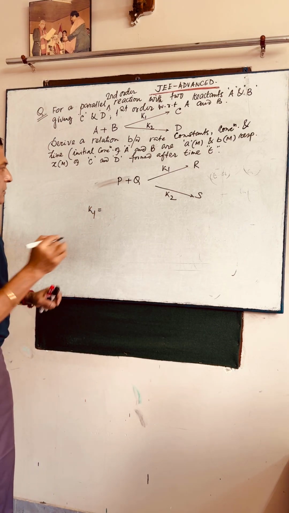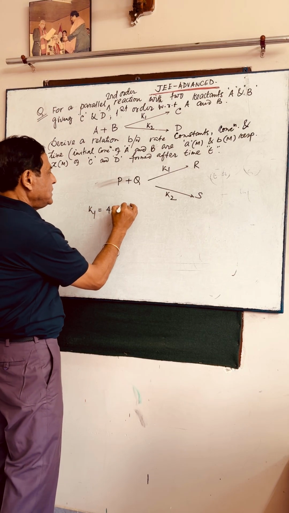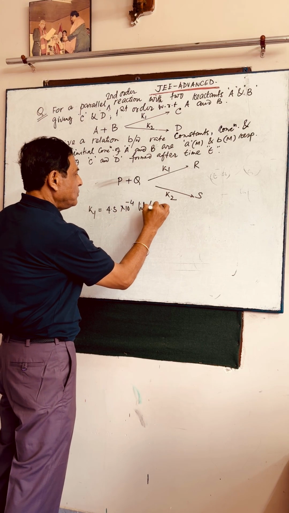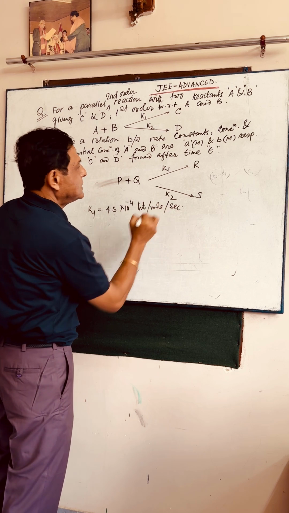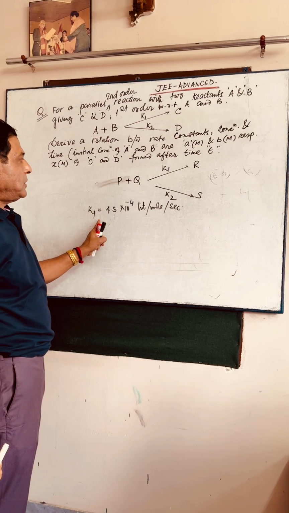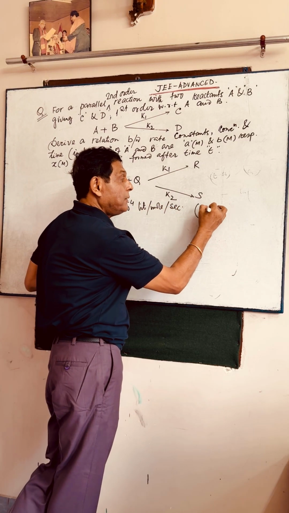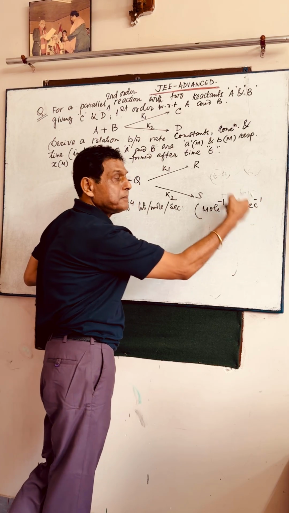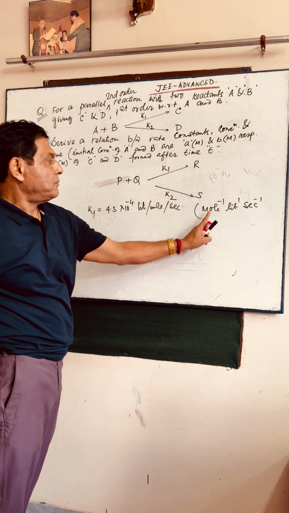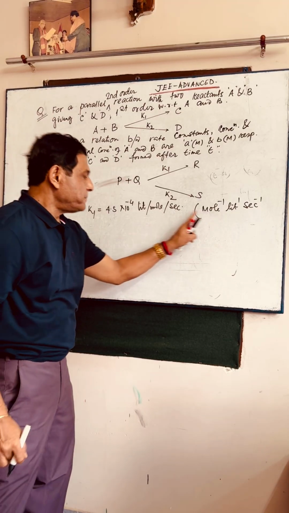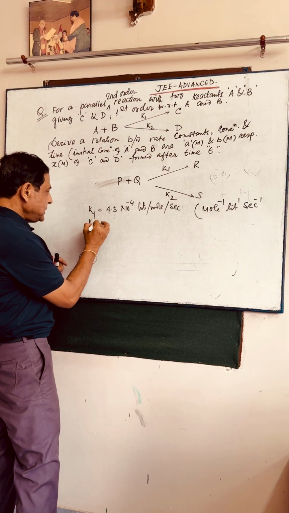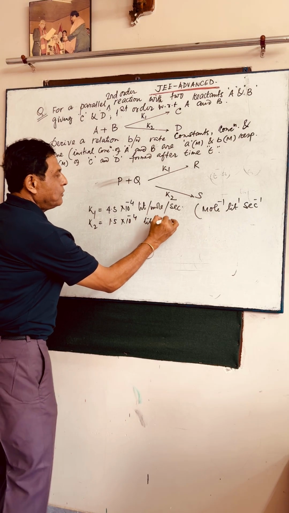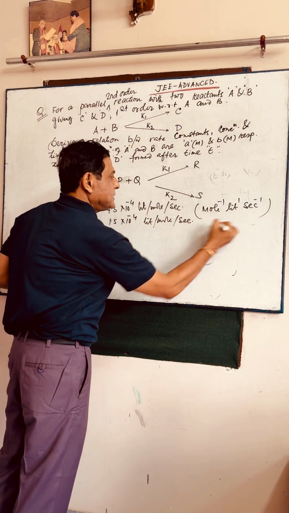K1 value was 4.5 into 10 to the power minus 4 liter per mole per second, because it is a second order reaction, so its K unit will be mole to the power minus 1 liter to the power 1 per second. And K2 was given 1.5 into 10 to the power minus 4 liter per mole per second. Same unit.